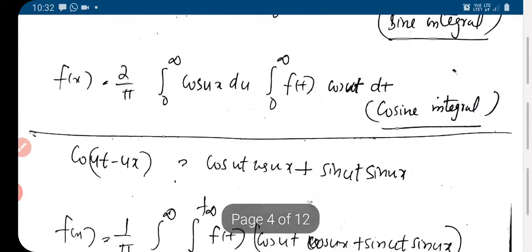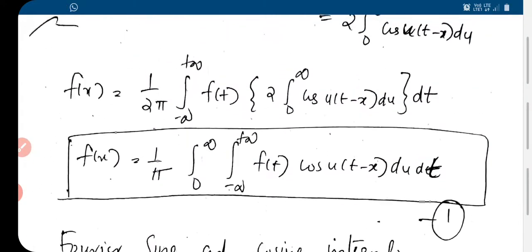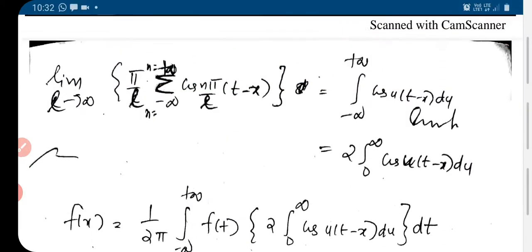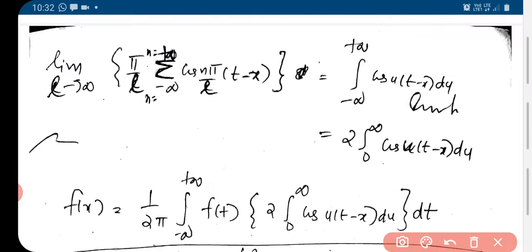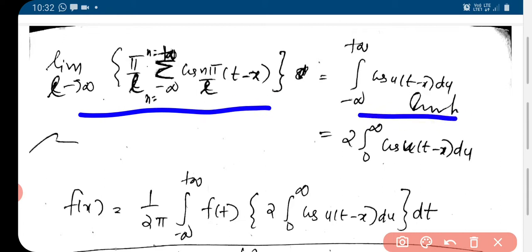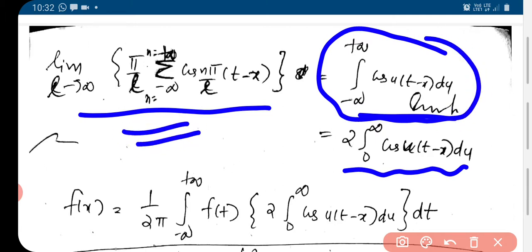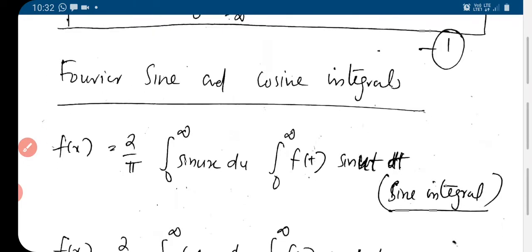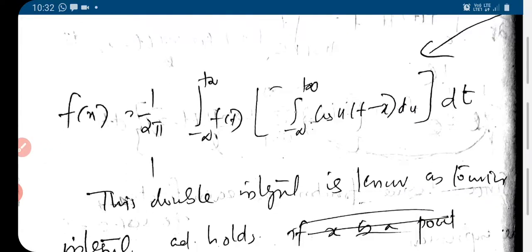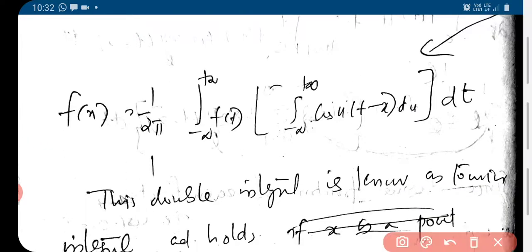Here we had changed this into 2 times this. Suppose I keep it like this, integral minus infinity to plus infinity cos u(t minus x) du, then if you substitute, you will be getting f of x equal to 1 by 2 pi integral minus infinity to plus infinity f of t, integral minus infinity to plus infinity cos u(t minus x) du dt.